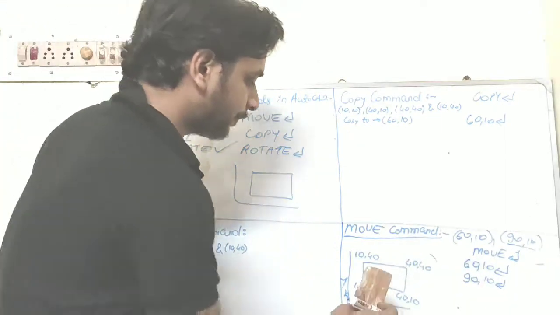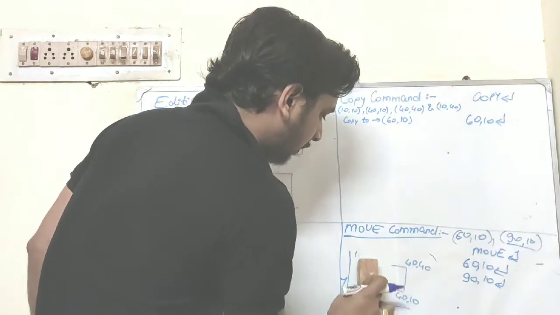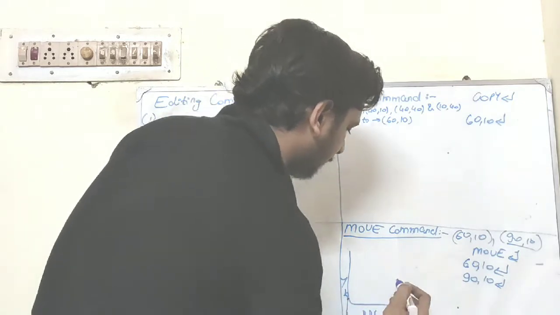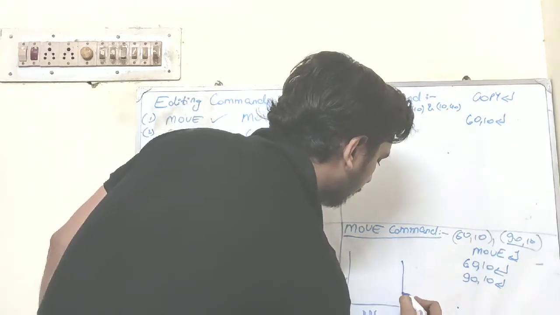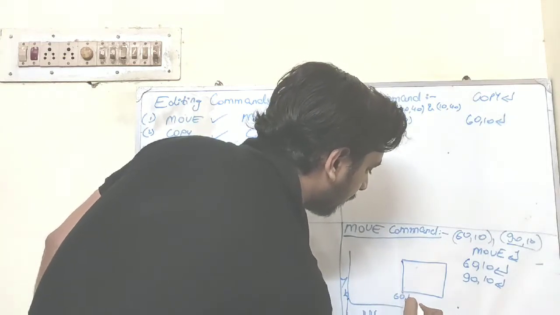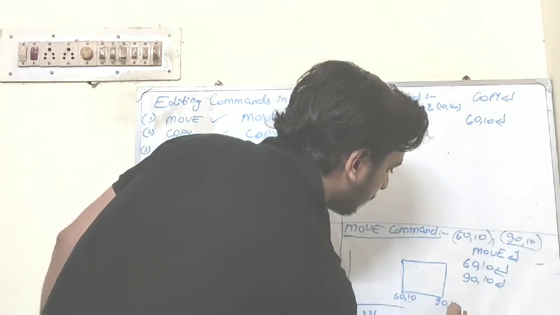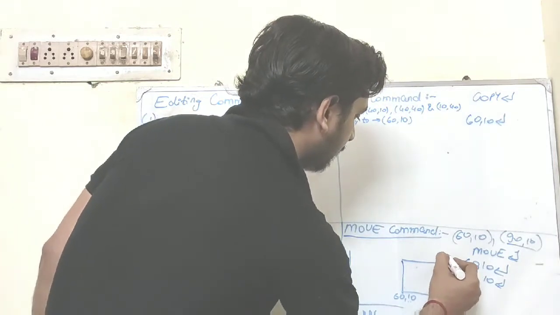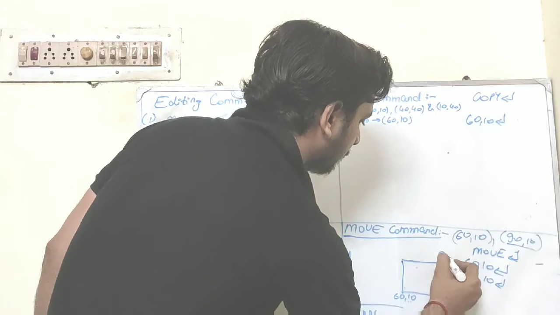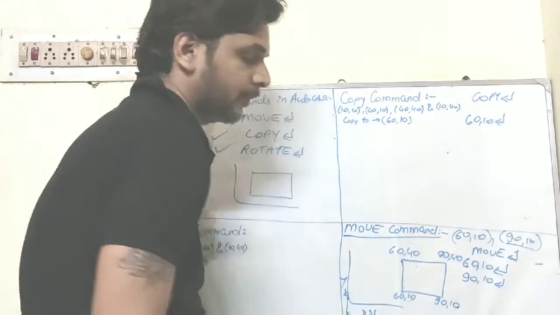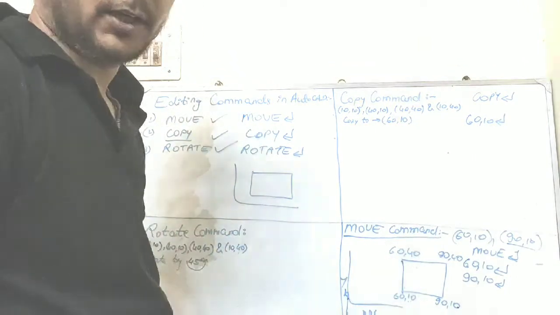So the solution is this object is moved to 60, 10, 90, 10, height is 40, so 90, 40 and 60, 40. So this is the final answer.